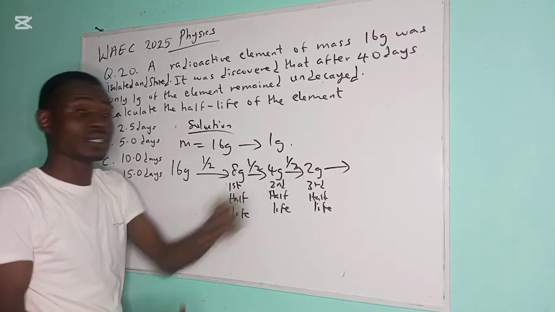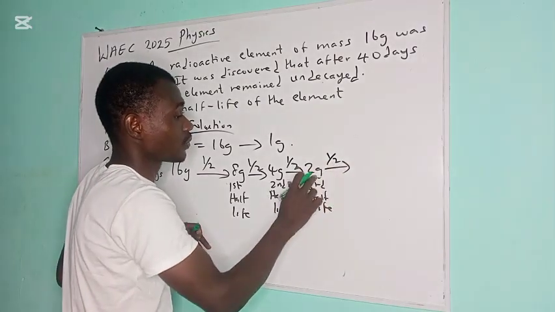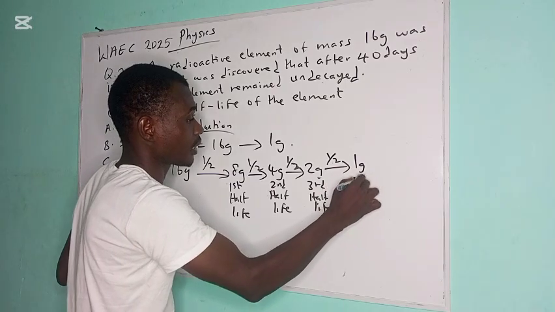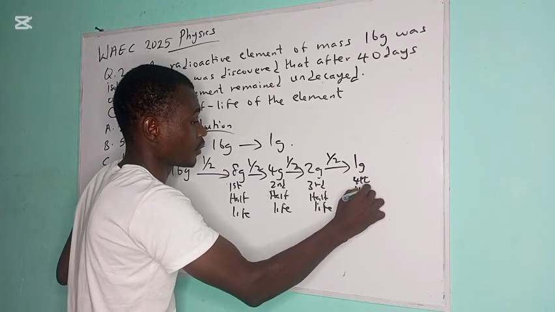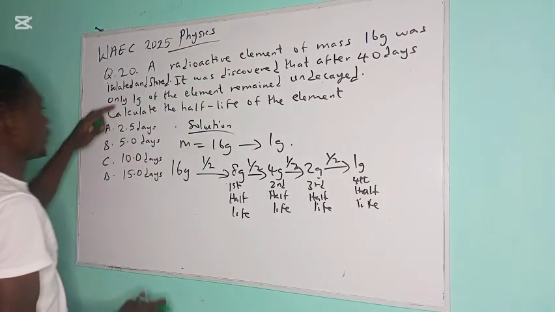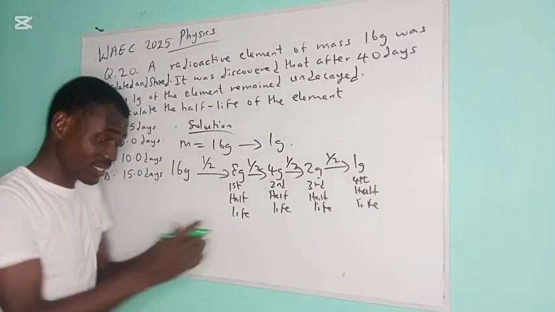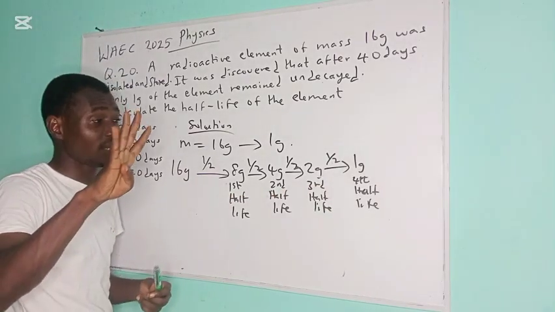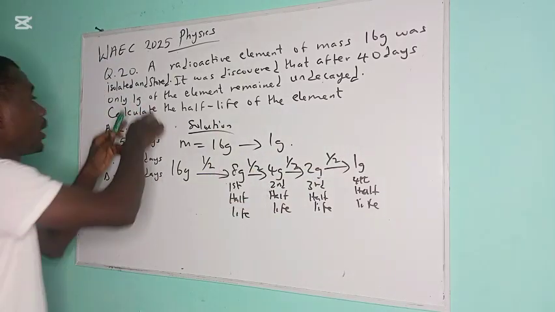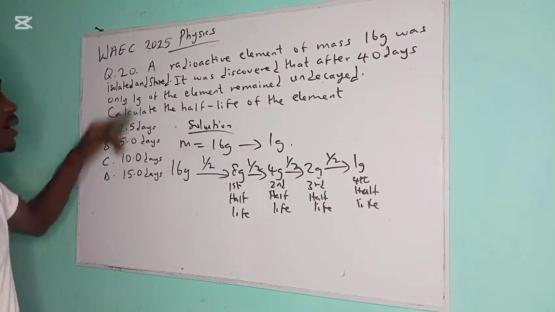Then another half-life will take place, which gives 1 gram, the fourth half-life. Because it only remains 1 gram, it takes four half-lives for it to disintegrate to 1 gram.